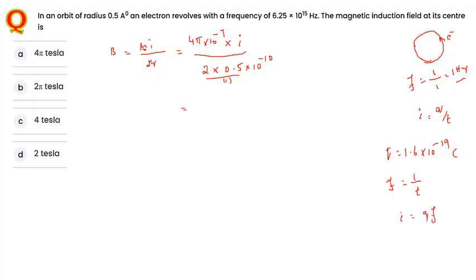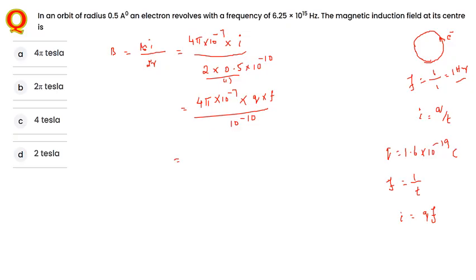So instead of t, I equal to q into f, right? Now here B is 4 pi into 10 power minus 7 into I, where I is q into f, divided by 10 power minus 10.